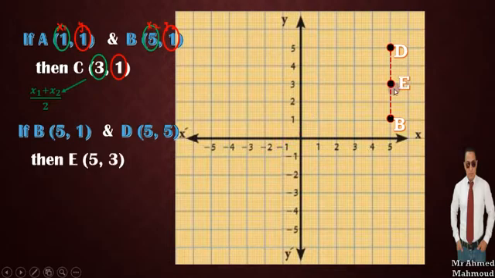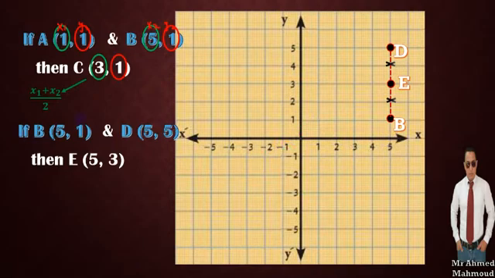I will call it E. Looking at E, E is opposite to 5 and opposite to 3, then the coordinates of E are (5, 3). Because the 3 points, E here of course being the midpoint, are collinear on the same straight line and they are vertical, the x coordinate is constant. They are all opposite to 5 as we see.